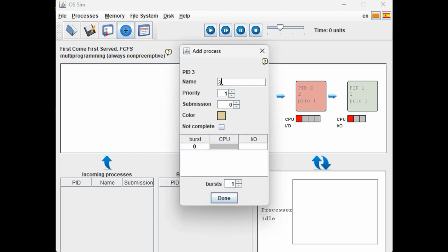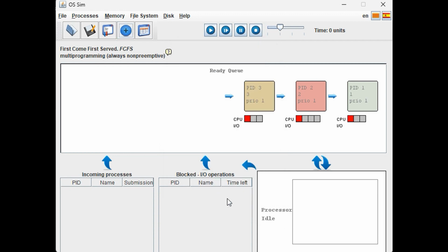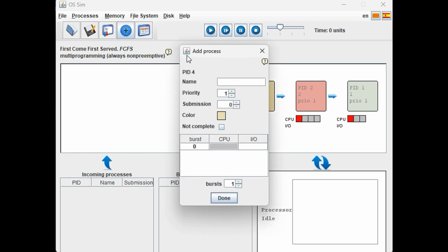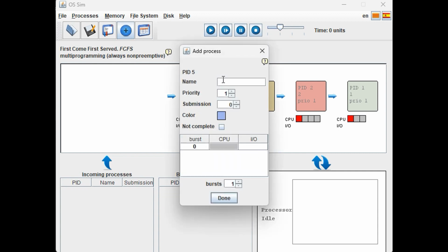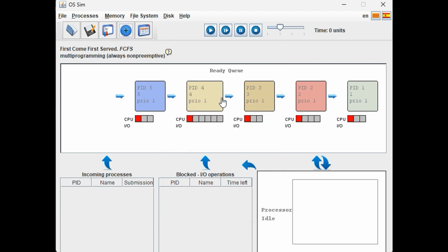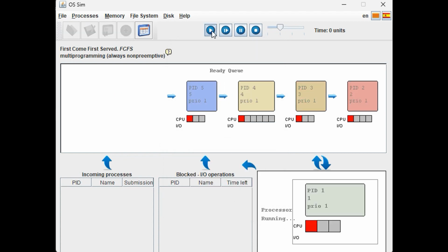It schedules processes based on the order they arrive in the ready queue. The process that arrives first gets executed first, and so on. The steps are arrival of process, selection of process, execution of process, completion, and context switching, and we repeat again.